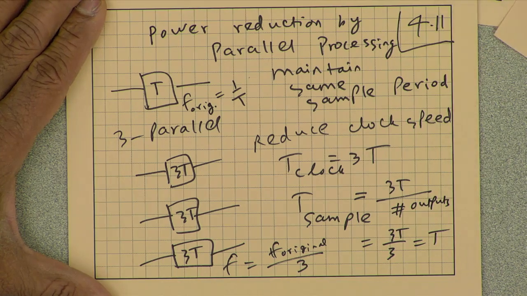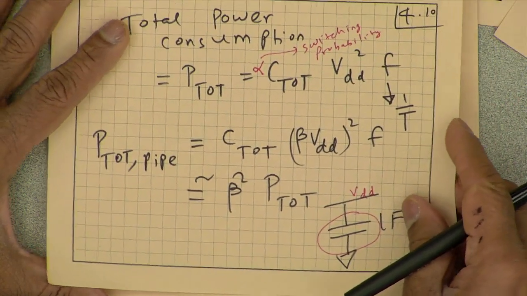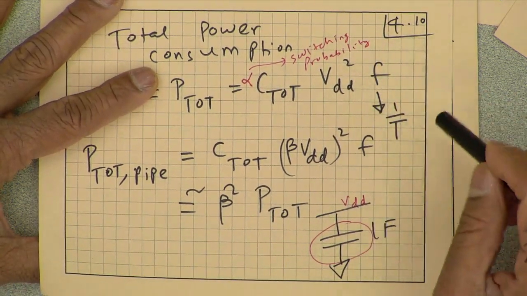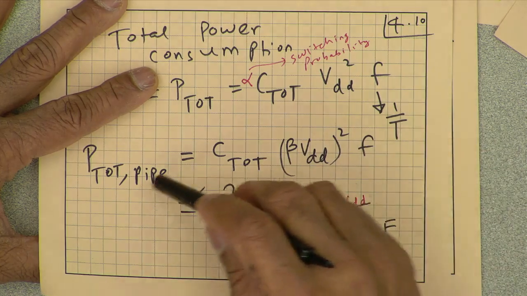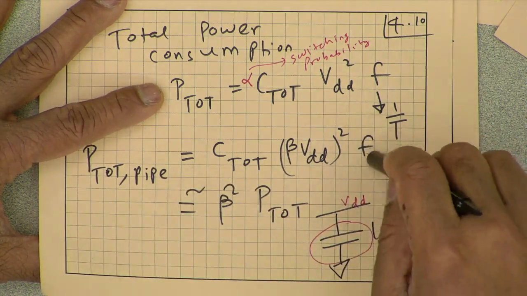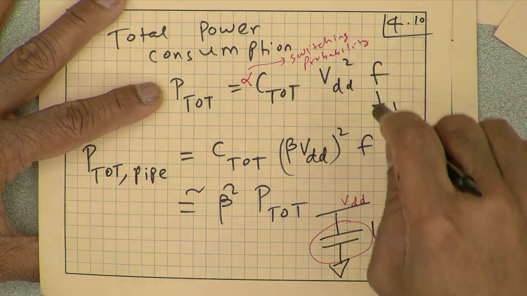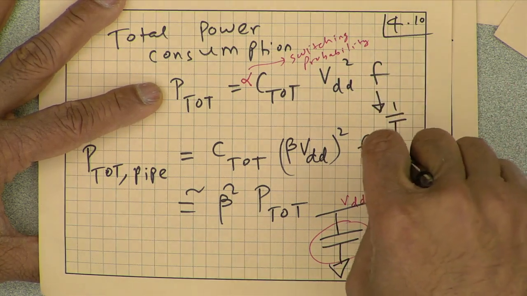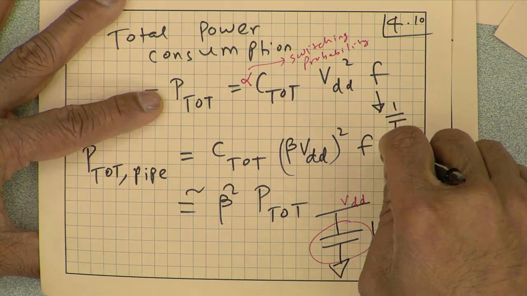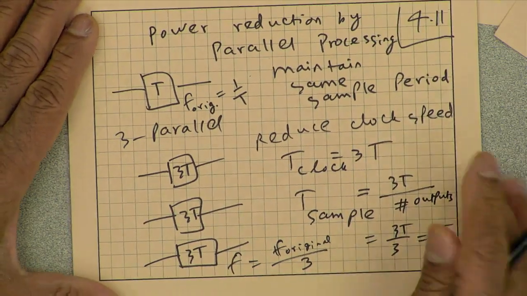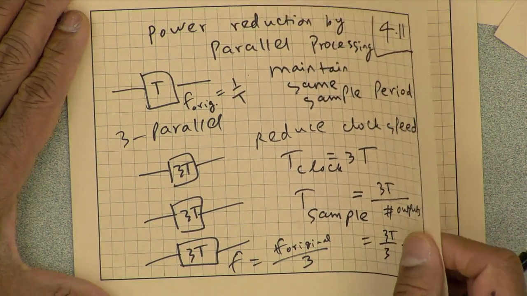And the reason we are interested in reducing the clock frequency, this f: in the pipeline case, this f still stays the same, f in the original, f in the pipeline. In the parallel processing, this f is replaced by f over L, where L is the level of parallelism.